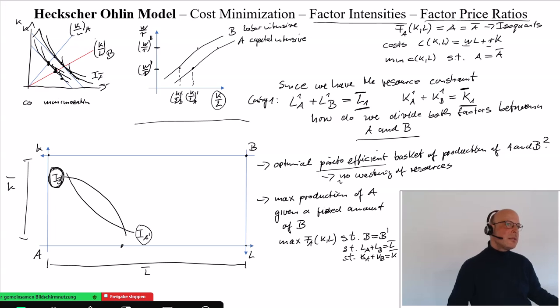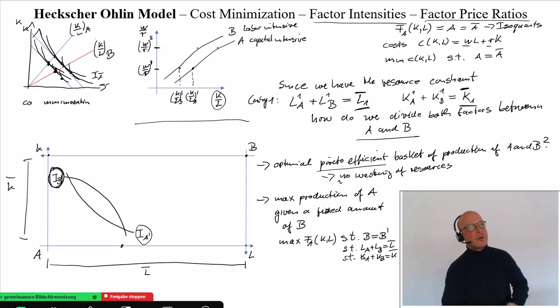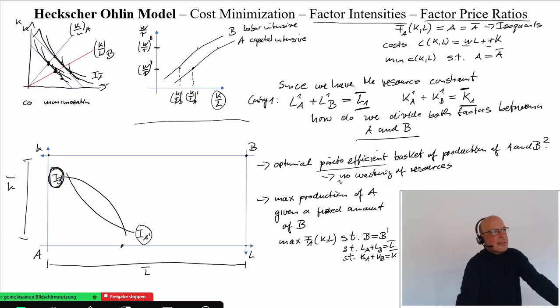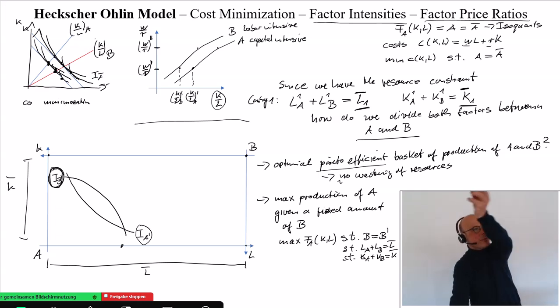Where could it be situated? For this, you have to remember an isoquant. If you move it to the upper right, is it then representing more or less production output of our good? It would be more if we go to the upper right.